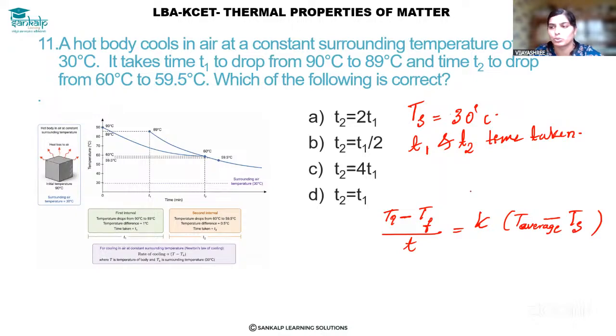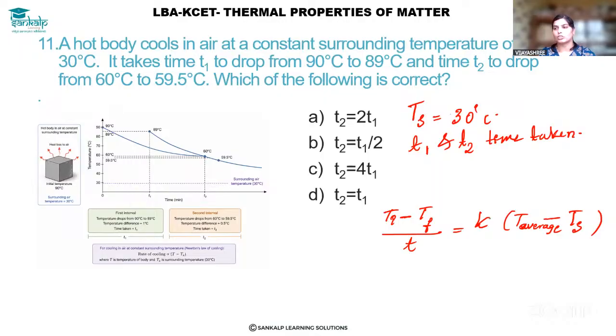So I will move on to the next slide. Before that, I will tell what the terms given here are. Ti means initial temperature. Tf means final temperature. T here is the time taken.